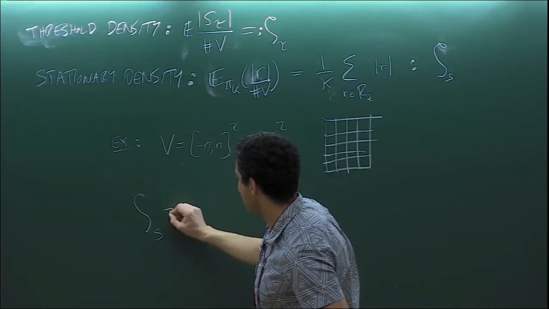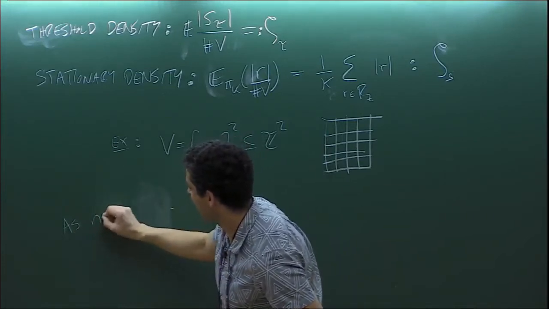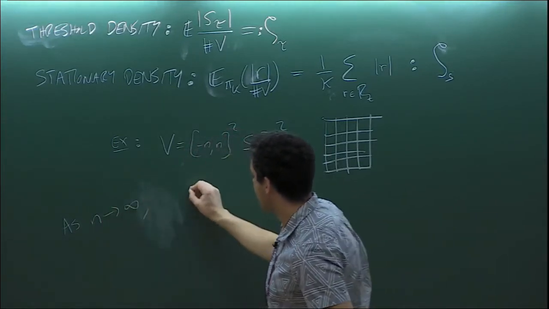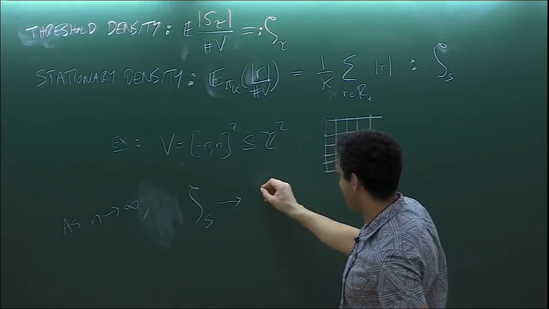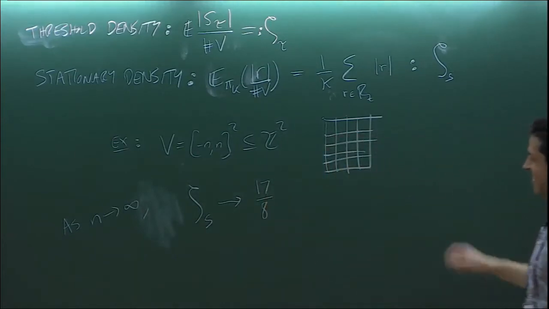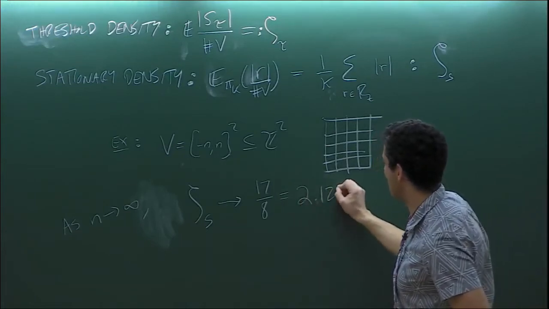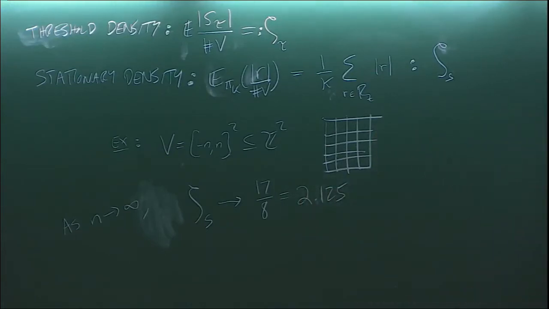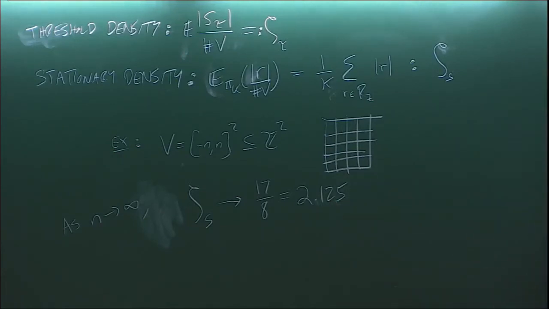I'll do zeta s first. So as n goes to infinity, zeta s converges to a kind of mysterious rational number, 17 over 8, so 2.125. So on average, in the stationary state, on a really large square grid, you have 2.125 chips per site.